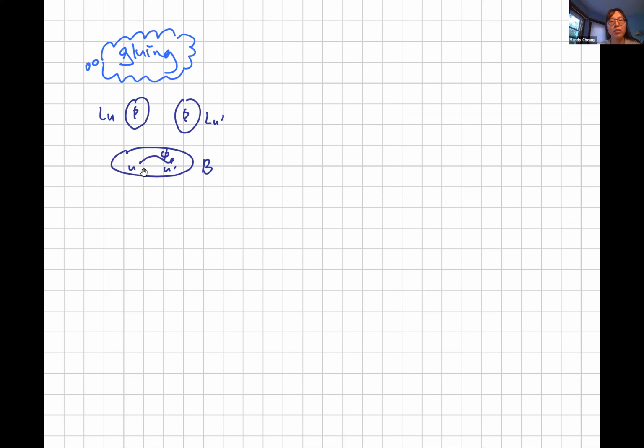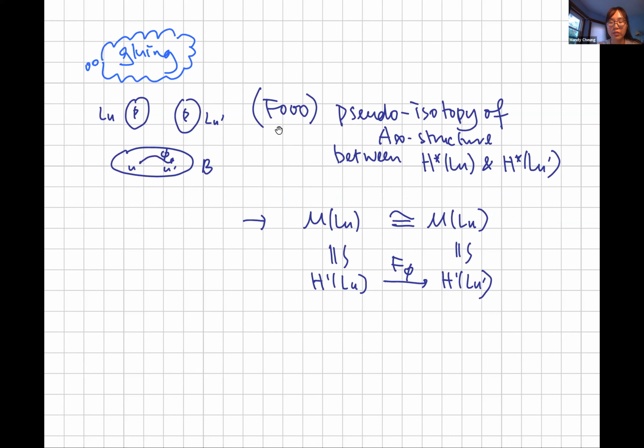We have the base, we have 2 points, and we want to travel along the holomorphic disk, which FOOO show that there's an isotopy of A infinity structure between the cohomology groups, which induces a change of the algebra structure in terms of this Maurer-Cartan space. This is like some wall crossing that we are having.